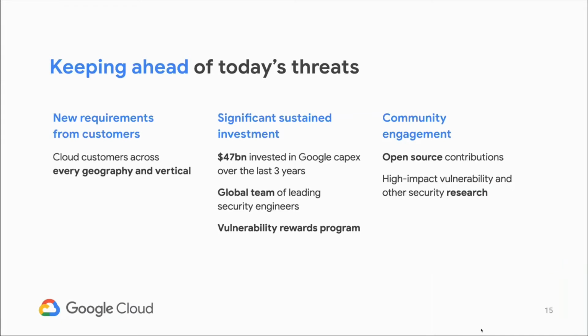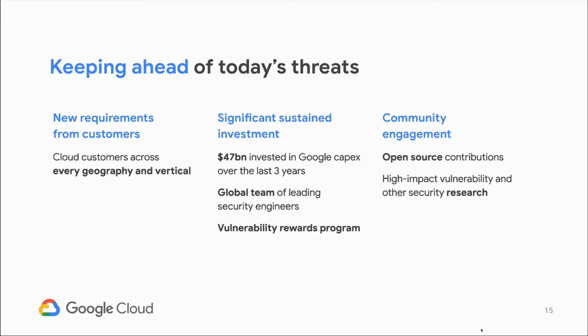We have cloud customers across almost every geography and vertical globally. We also have about 9 consumer services with more than 1 billion users. These customers are continuously surfacing new security requirements. As you can imagine, Google in general is one of the big targets out there for security threats.